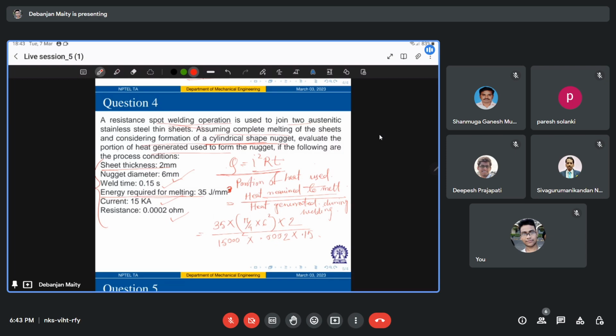That's how we can evaluate this portion of heat which has been used to join the workpiece. Any question?